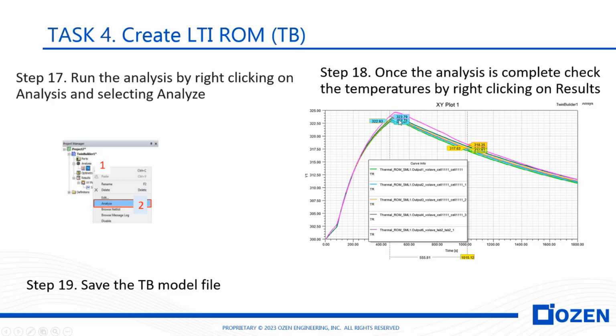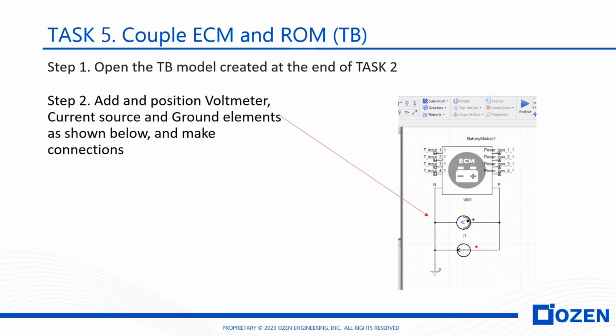So this task says, okay, good job. You were able to do the RAM, and we tested it, and it does work. So now we are sure that our RAM works. What we want to do is open the model again, open our model created at the end of task 2.